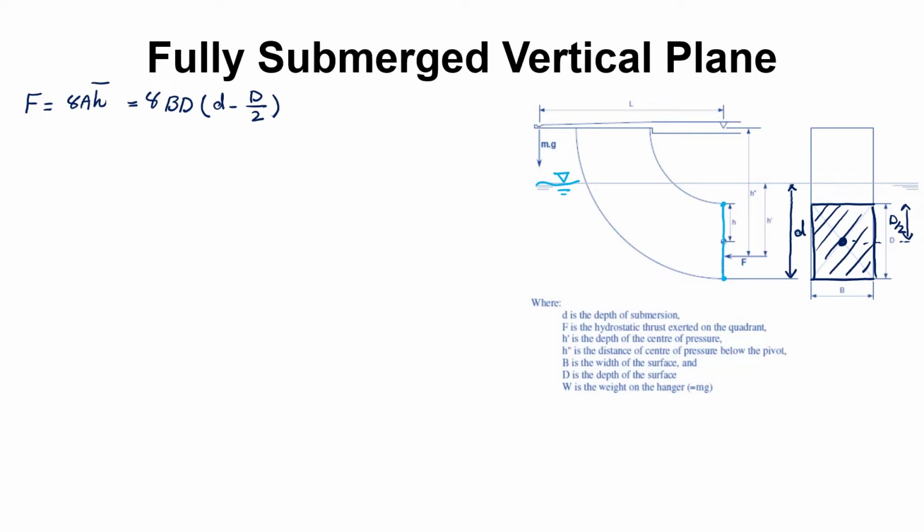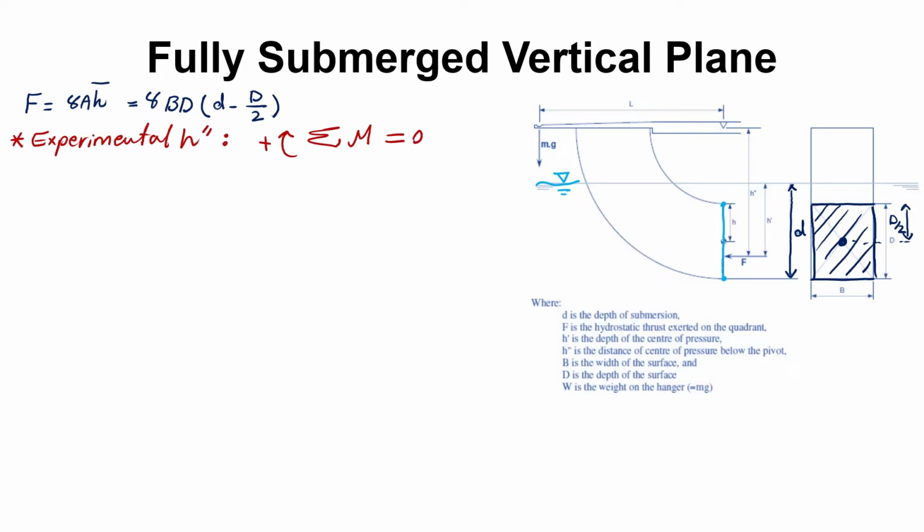Now similarly, we are going to calculate experimental h double prime. And similarly, you need to write down the summation of the moments around the knife edge, and that should be equal to 0.